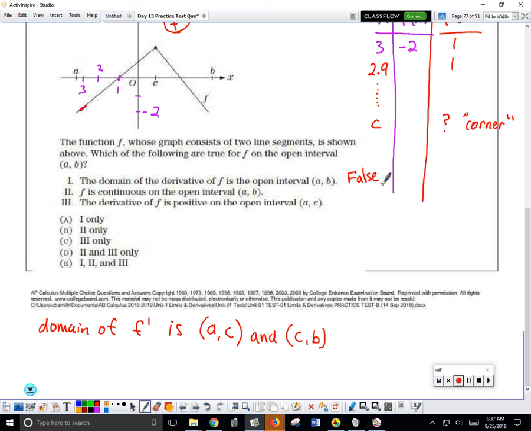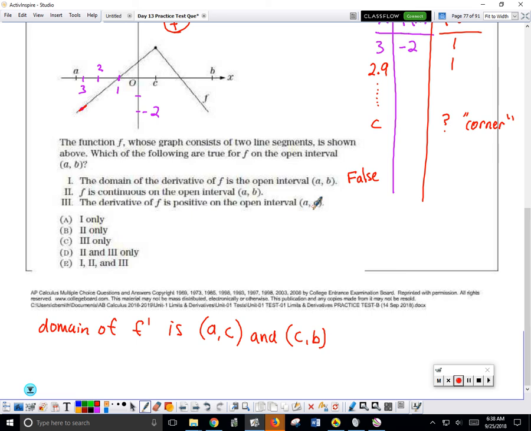So, would 3 be true? Wait, the derivative is positive? How could that be true because it is negative in part of it? Oh. So on 3, the derivative of f is positive on the open interval. Oh, because it's increasing from A to C. Perfect.